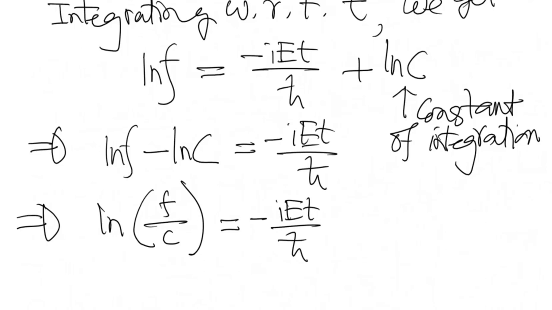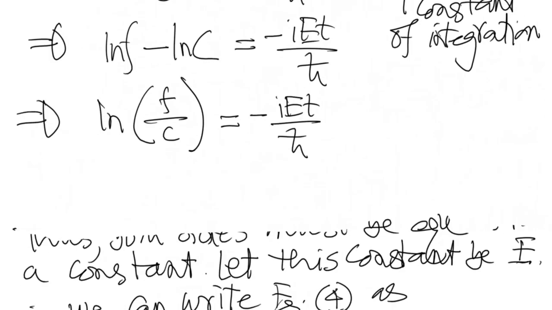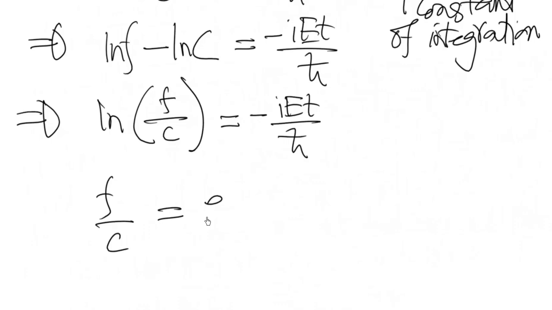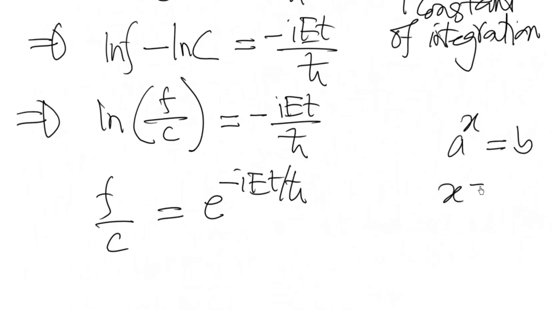Okay, from this relation we have f by c equal to exponential of minus iEt by h cut. This one we get from: if a to the power x equals b, then x equals logarithm of b base a.